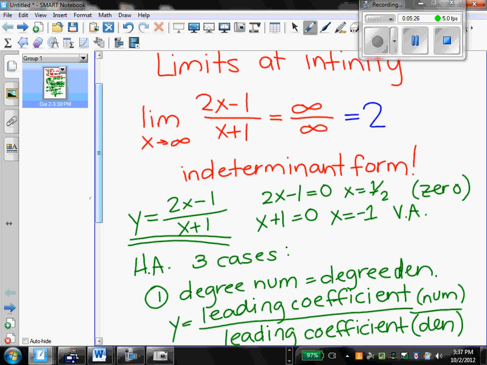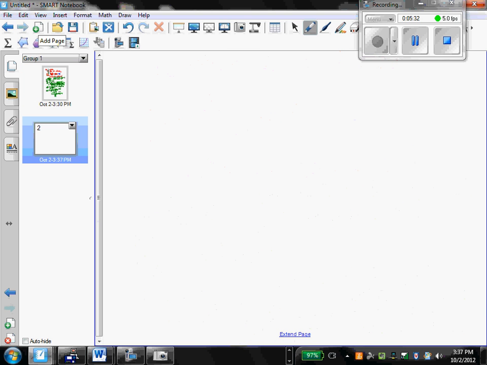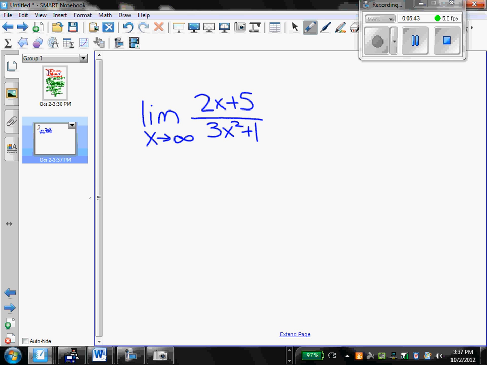So let's look at a couple more examples. The limit as x approaches infinity of 2x plus 5 over 3x squared plus 1. Again, I'm going to get infinity over infinity, so that means I'm looking for the horizontal asymptote.